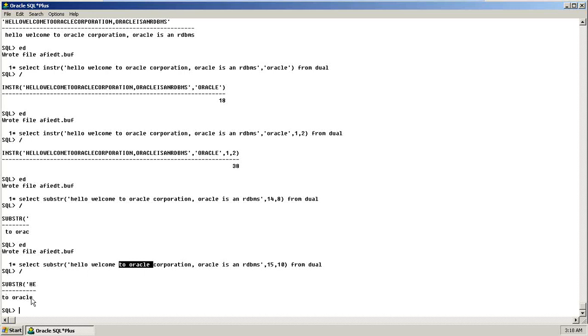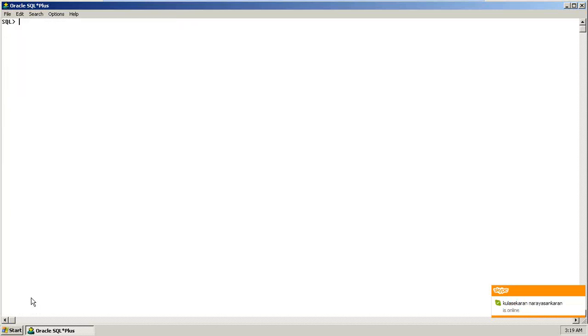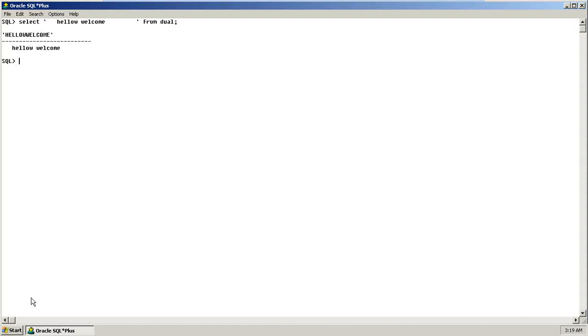Okay. And you have other functions like trim functions: LTRIM, RTRIM, TRIM. See, suppose I have a string like this. Select 'Welcome, this is actually string' from dual.